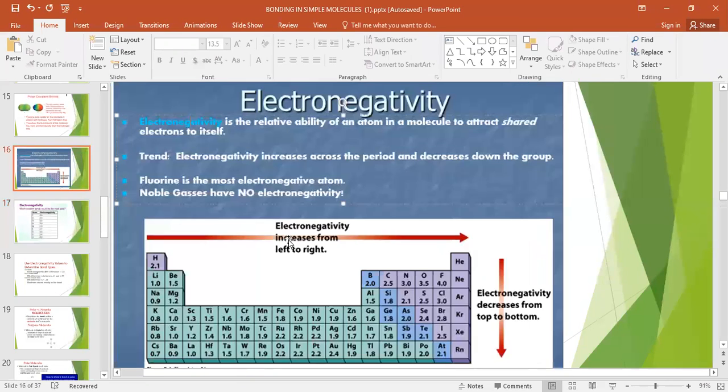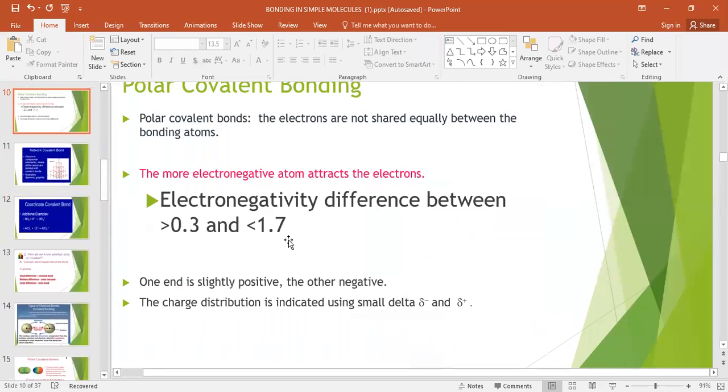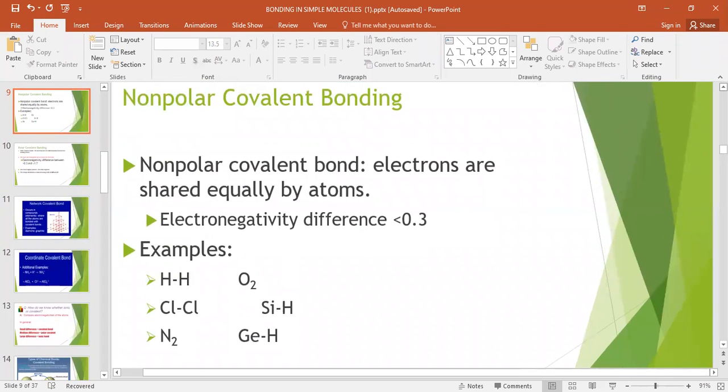Go back to polar and non-polar, and you will get the concept. See, please. The first one is non-polar covalent bonding. What they wrote: electronegativity difference between two atoms is less than 0.3. Suppose here I am going to write the electronegativity.